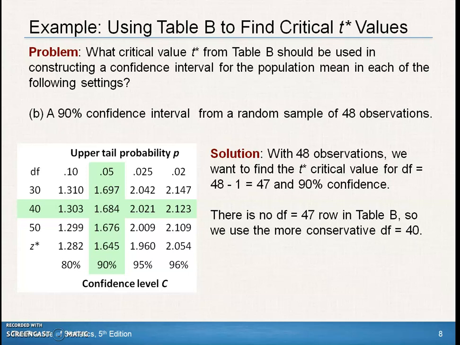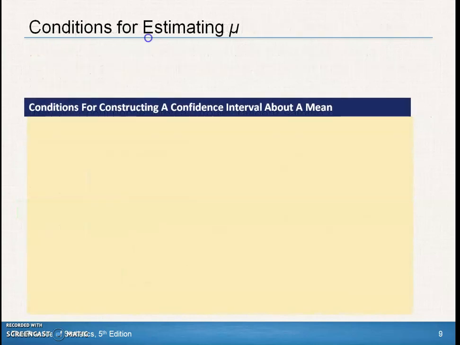But it doesn't make that much difference in the hundredths place. The difference between these two really is 0.008. So trying to be too accurate is not worth the worry, I guess. Corresponding critical value then is 1.684, the more conservative.